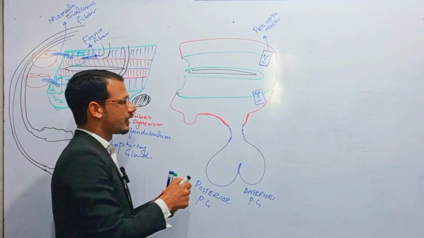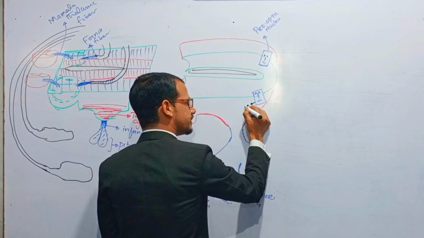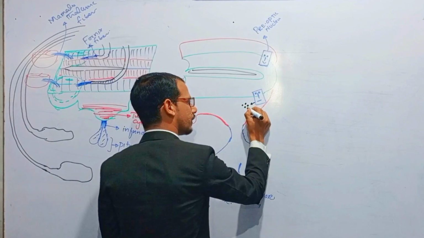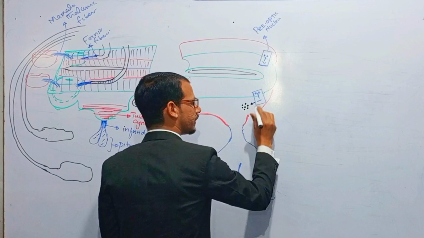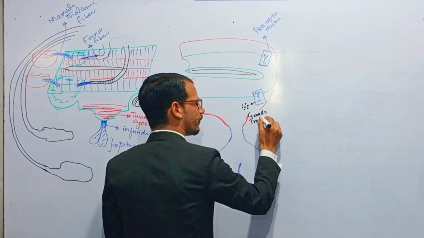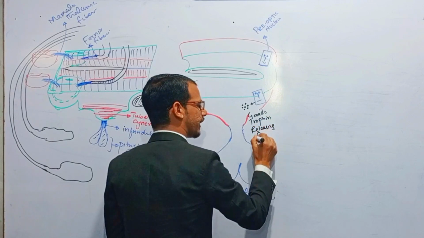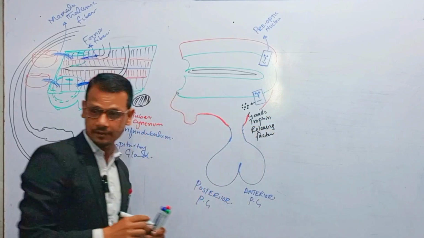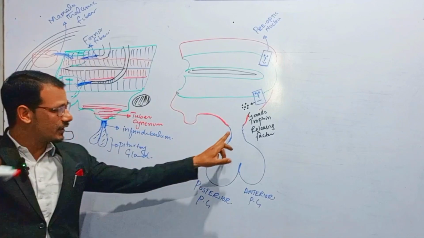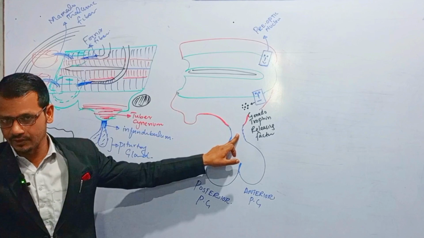From this preoptic nuclei, a type of chemical is released, called gonadotropin releasing factor, right? And here is a very good blood supply of the pituitary gland.